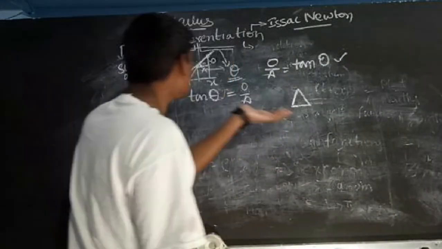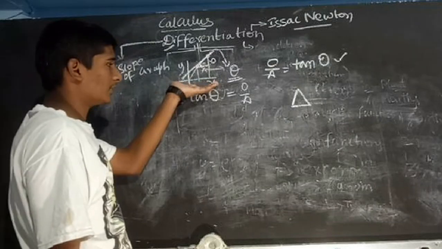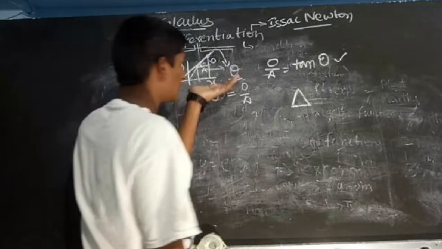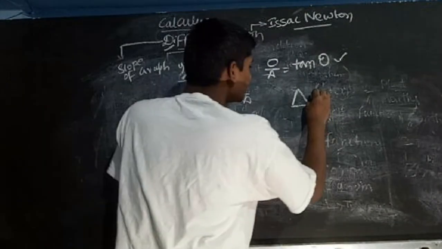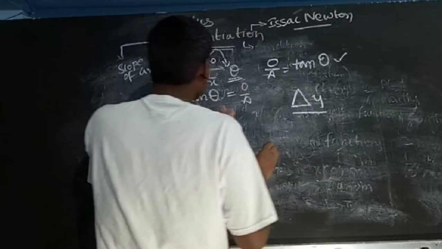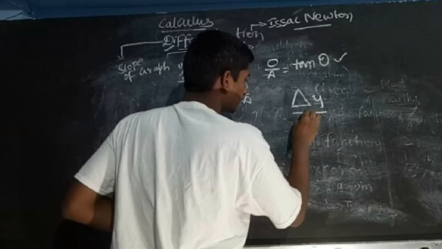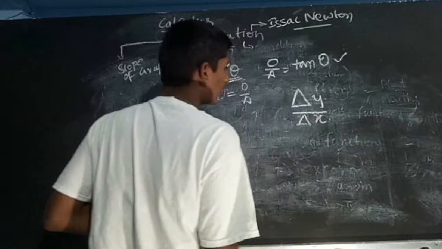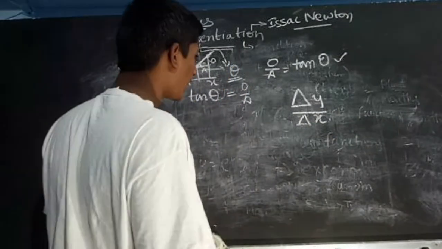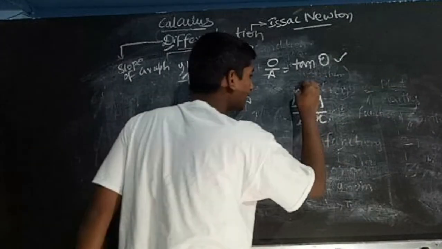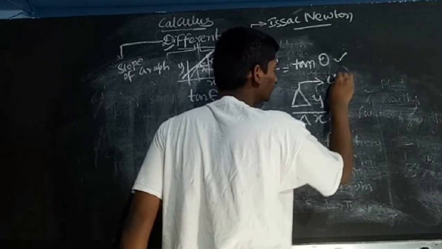In terms of this graph, I will write it as the change in y-axis by the change in x-axis, delta y by delta x, and this delta represents the change.